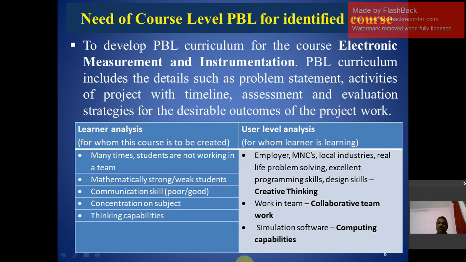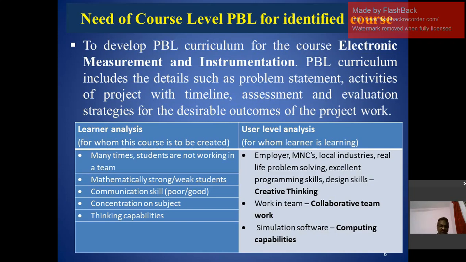This will increase the creative thinking, employability in MNCs and local industries, real life problem solving, then excellent programming skills, design skills. This comes under creative thinking. Then when the student works in a team, automatically they learn collaborative learning. Then they learn how to use different simulation software, so they will get computing capabilities.